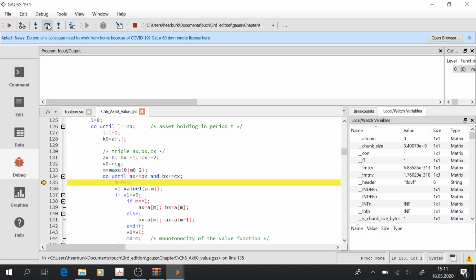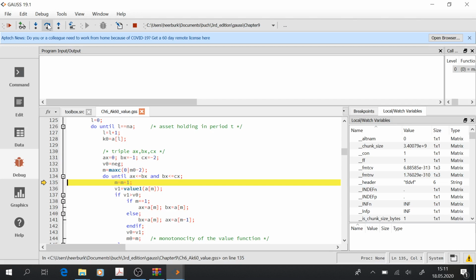Now we do a grid search over the individual asset points A1, A2, A3, up to A200 over the whole asset grid to find the interval that contains the maximum.